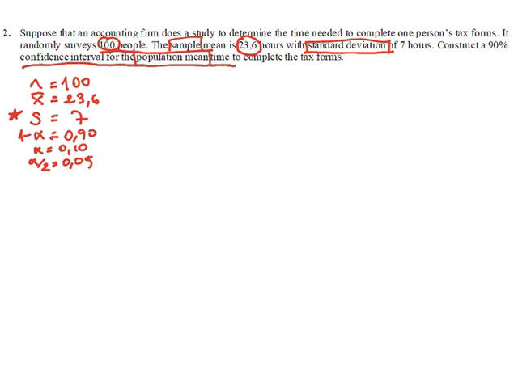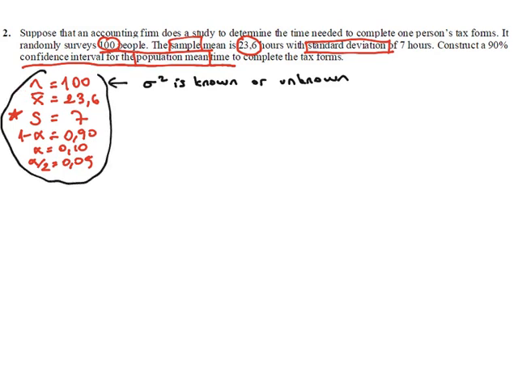So the next step is deciding on the formula. How can we decide on the formula? We ask the right questions. For example, is sigma square known or unknown? So let us check here.